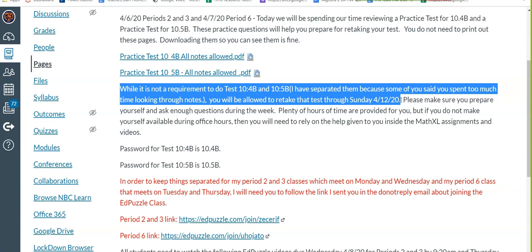You do need to take pictures and post them, and I forgot to put the Google form in here, so I'm going to have to do that. I'll put the Google form in here so you can take the pictures like you did and upload them into the Google form so I see your work, and then I can give you partial credit.